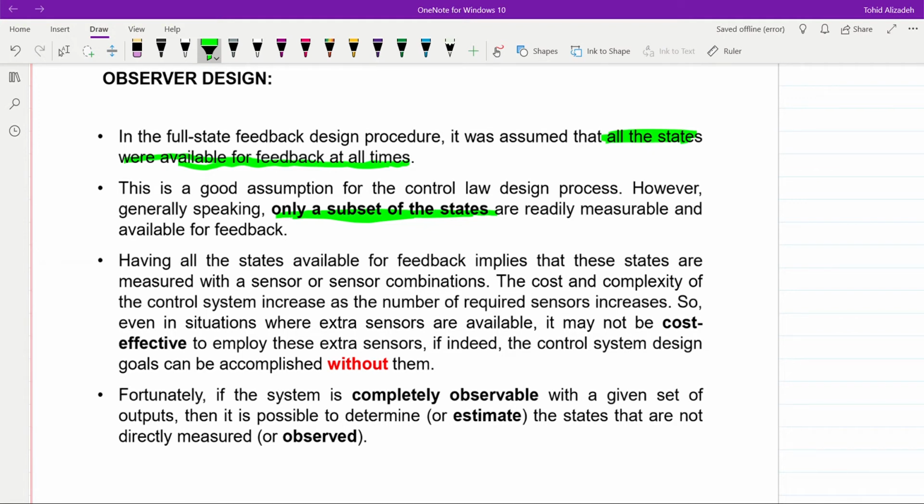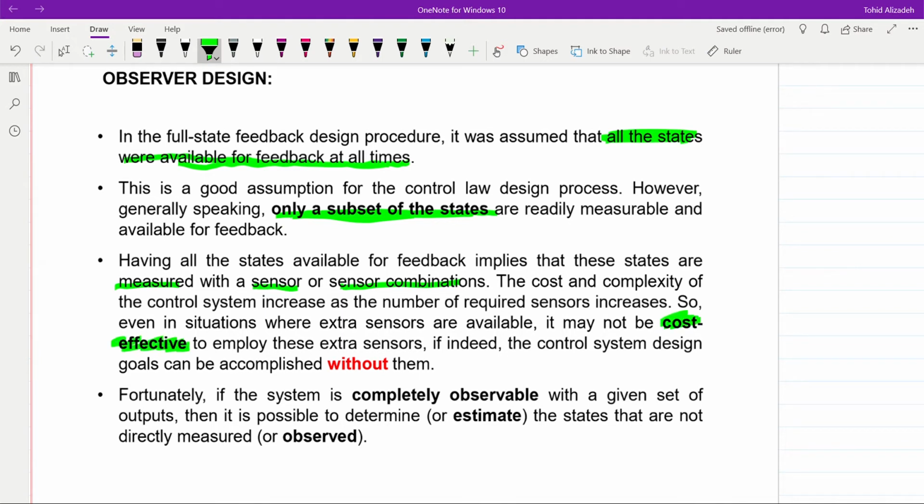And in this case, the cost and complexity of the control system will increase as the number of the required sensors increases. So even in the situations where using extra sensors would be possible, it may not be cost effective to employ the extra sensors because the overall cost of the system will increase.